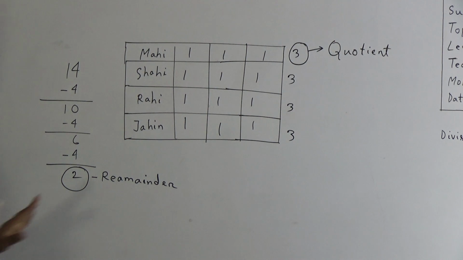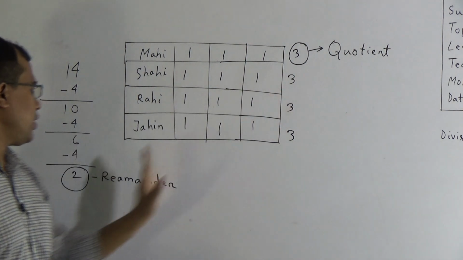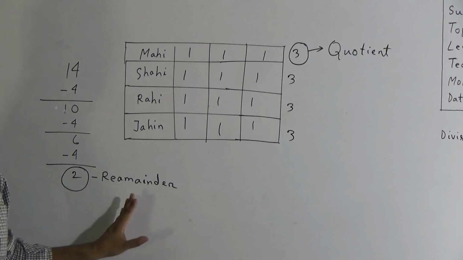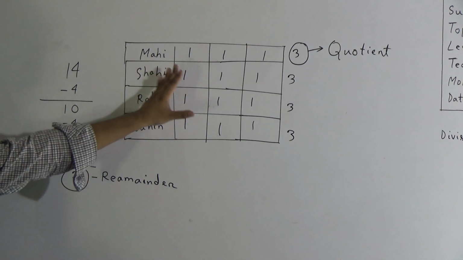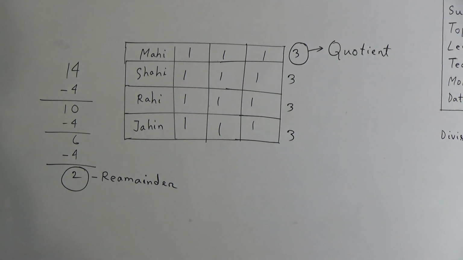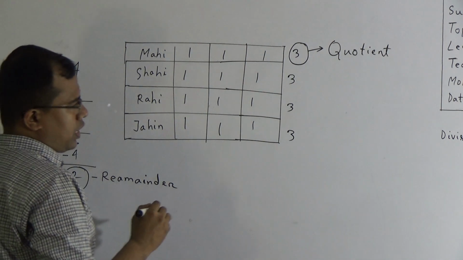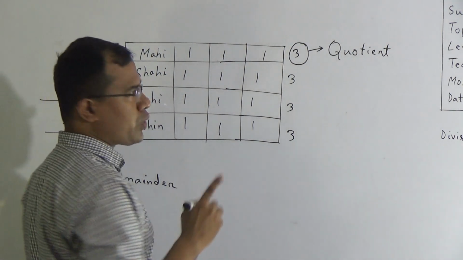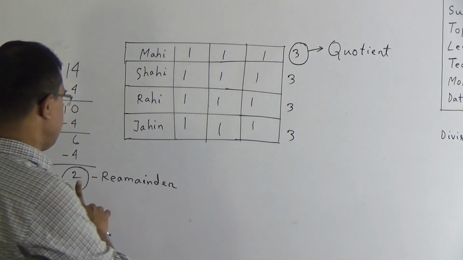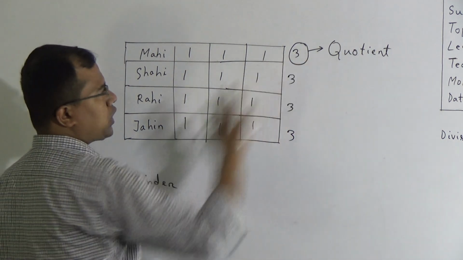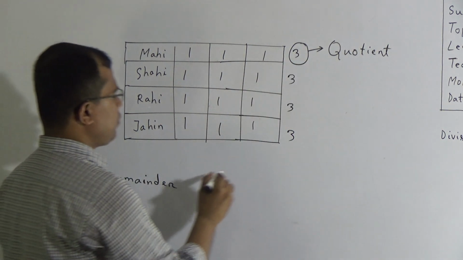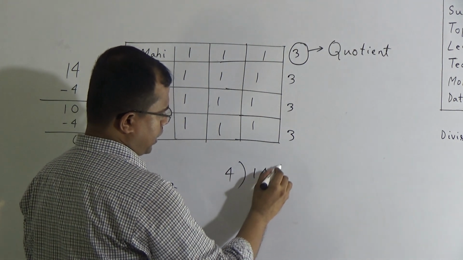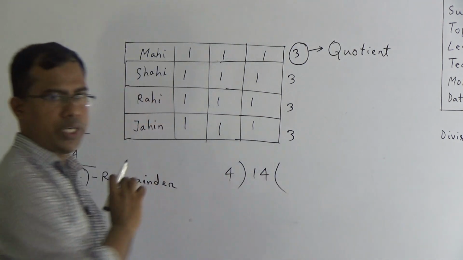Dear students, for finding out these 3 and these 2, we have followed a lengthy process, but by applying the procedure of division in a short process we can find this remainder 2 and this quotient 3. We have to divide 14 chocolates among 4 students.